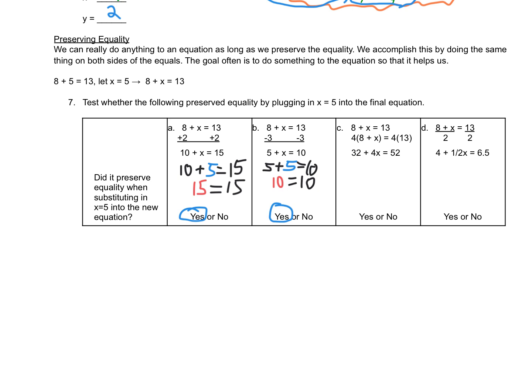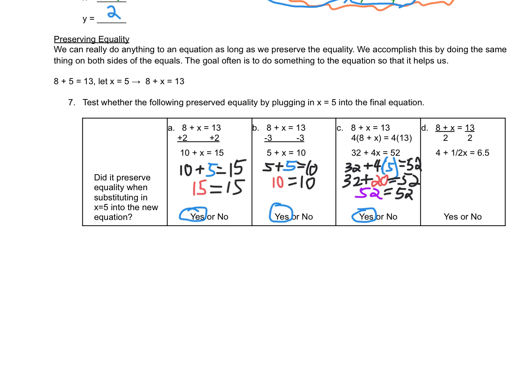So 32 plus 4x is supposed to equal 52. Again, let's plug in 5 and see, does that left side equal the right side? And we see that 4 times 5 is 20, 32 plus 20 is 52, so 52 equals 52. So does multiplying both sides by the same number preserve equality? Yes. So I can add to both sides, I can subtract the same thing from both sides, I can multiply both sides by the same thing.